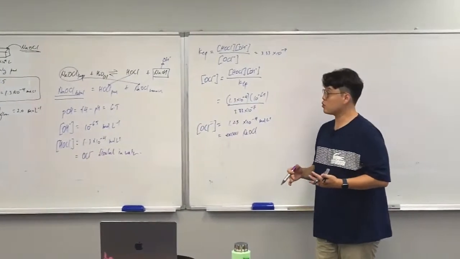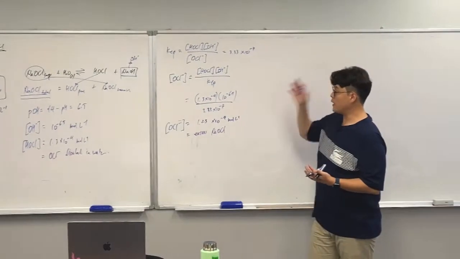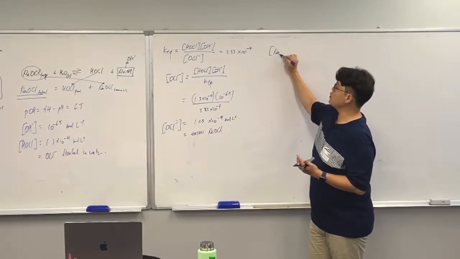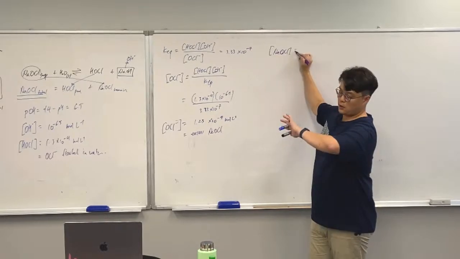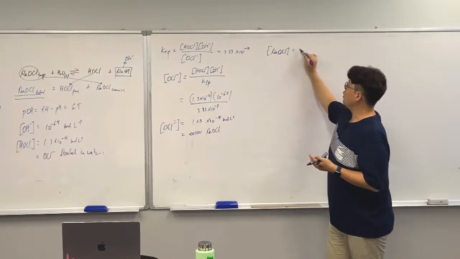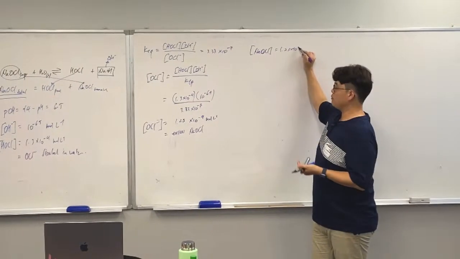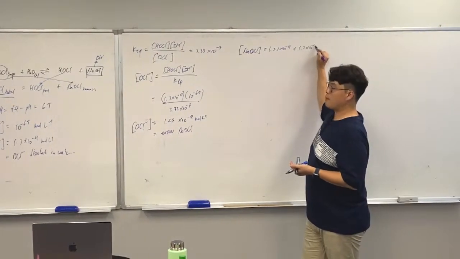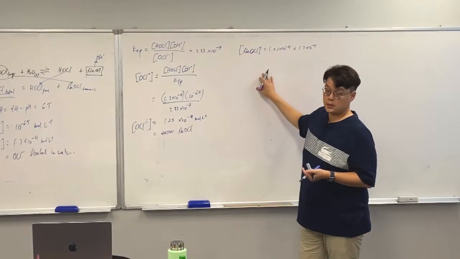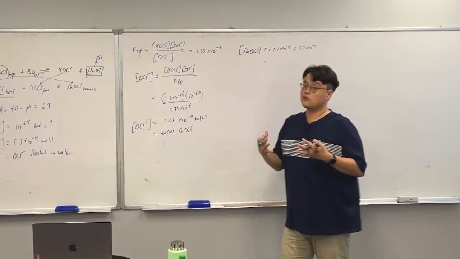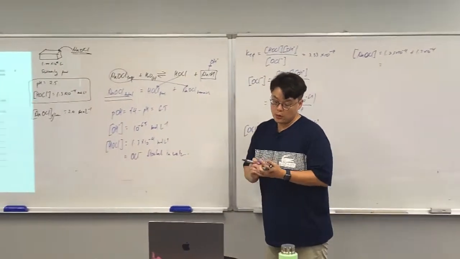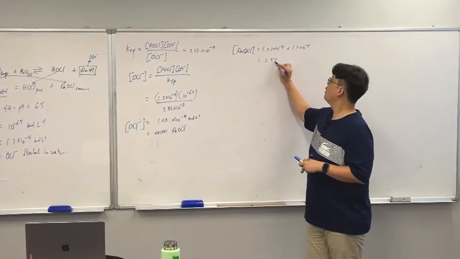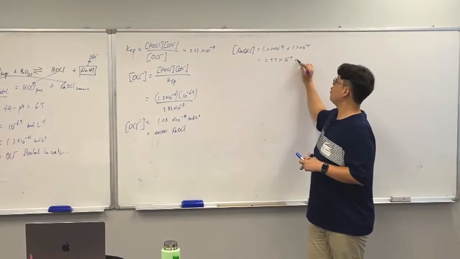Okay, so to get the total amount, what do we need to do? We add these two. So the total concentration of NaOCl is 1.23 times 10 to the power minus 4 plus 1.3 times 10 to the power minus 4. This will give you the total concentration of sodium hypochlorite, which is 2.53 times 10 to the power minus 4 mole per liter.